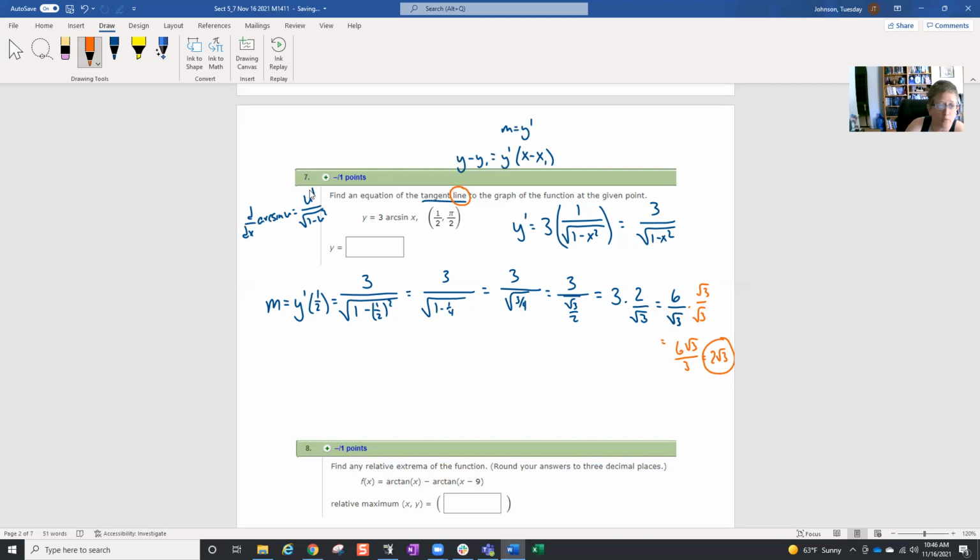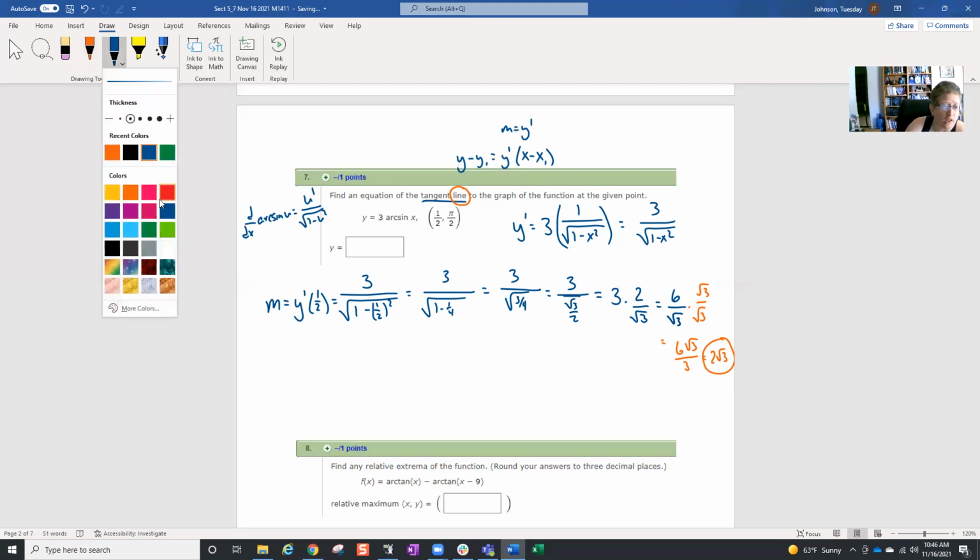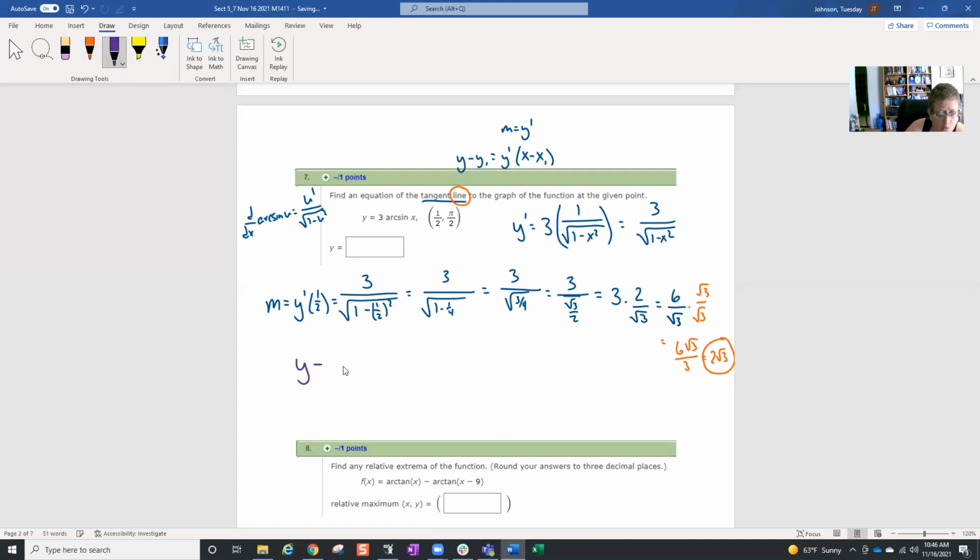So I know my slope. Let's put in our line, y minus y1 equals m times x minus x1. I'll get y minus pi over 2 equals 2 square root of 3 times x. Make sure that square root ends before the x comes down.